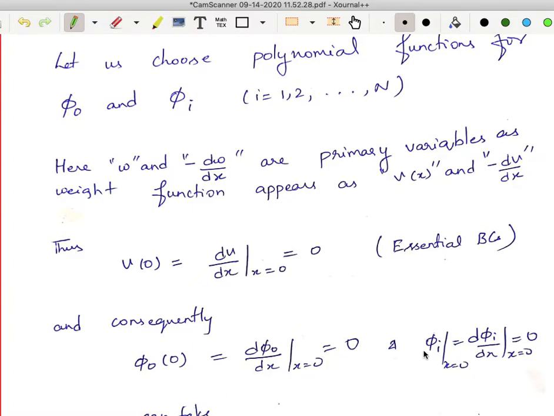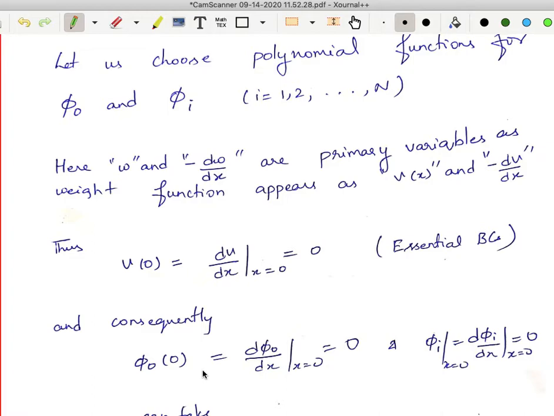So phi j at 0 and d phi j by dx at 0 should be 0. Whenever you are in any confusion whether these are correct or not, simply form Wn, phi naught plus summation Cj phi j. That should satisfy your essential boundary conditions.